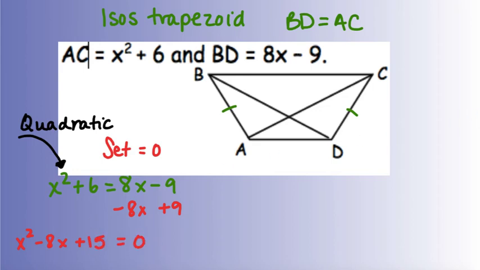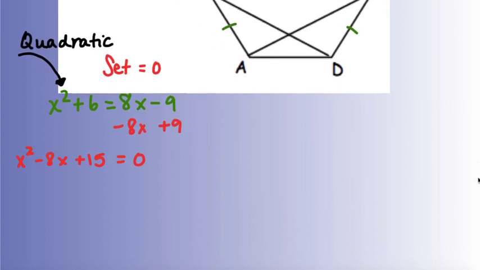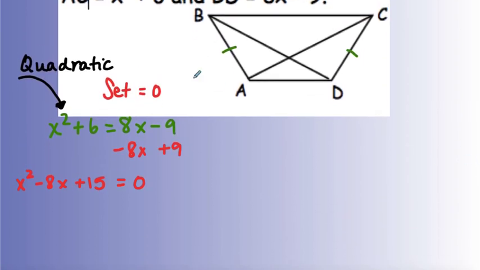Now, one way to solve a quadratic equation, and the easiest way and the way we should always try first, is to solve by factoring. All right, so factoring means that we're going to break this trinomial up into its two factors, which are binomials. So we look at the numbers that multiply to give us a positive 15 and add to a negative 8. Now, we've learned that the pattern, if that's positive and that's negative, then these terms both have to be negative.